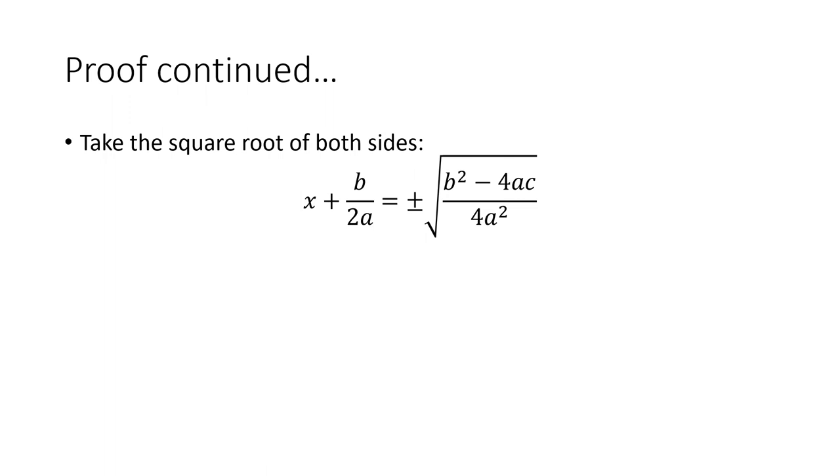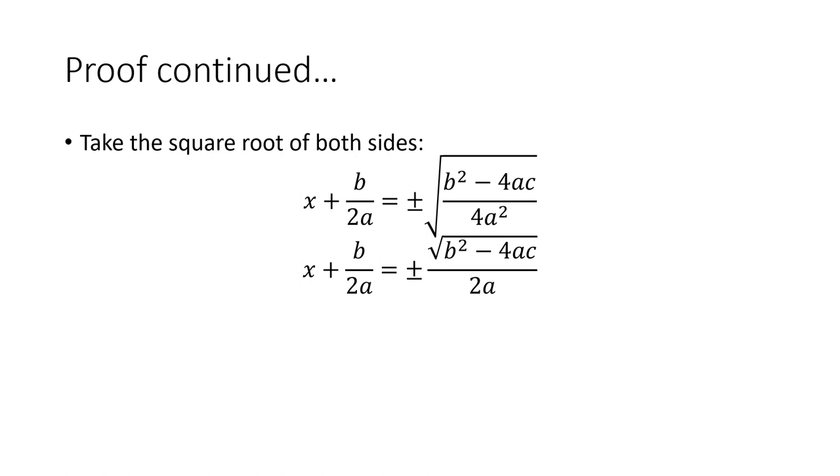We get plus or minus the square root of b squared minus 4ac divided by 4a squared. And then we can simplify the denominator of the right-hand side further by saying that x plus b over 2a equals plus or minus the square root of, as we previously discussed, the discriminant, divided by 2a, because 2a is a perfect square root of 4a squared.